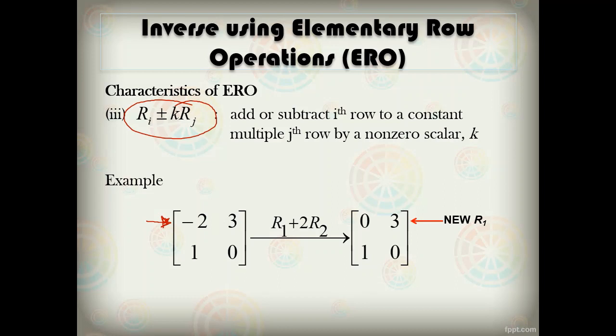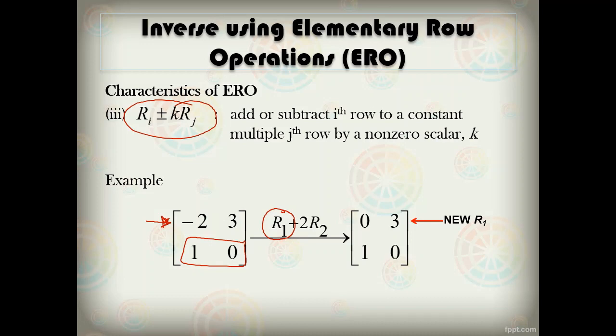So you want to change row 1, right? When you want to change row 1, all the operations that you do won't change the second one. It will remain. The only row that will change is row 1. So here, row 1 will change by adding 2 multiplied by row 2.